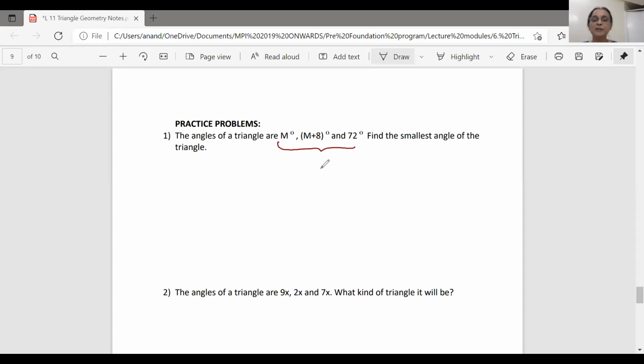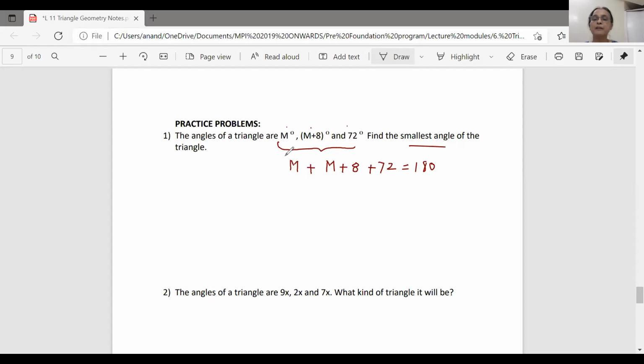So I want you to do this. M plus 8 plus 72 is 180. Find the value of M. Do it as homework. And then find the smallest angle. Find the value of M, then find the 3 angles, and then see which is the smallest angle. Okay.